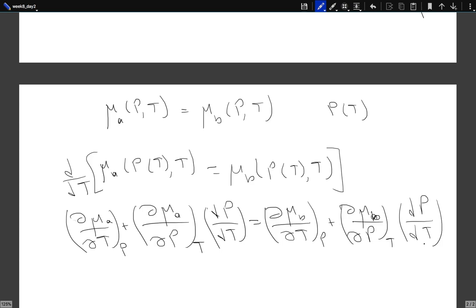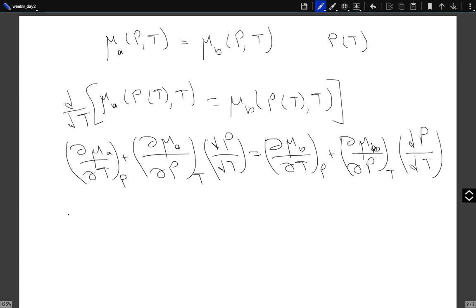Well, now we can determine how the pressure changes with temperature. Just solve that equation for dP/dT.